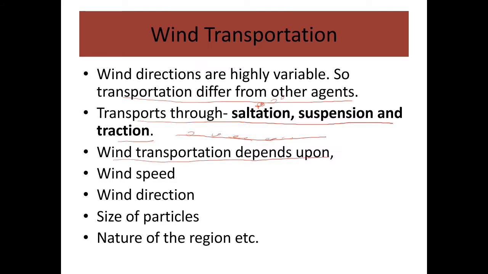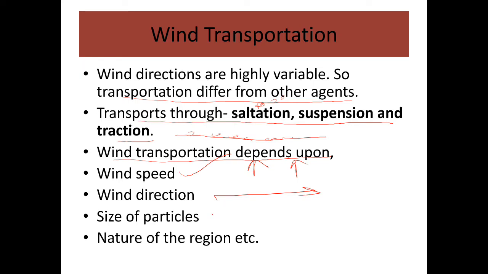Wind transportation depends upon the wind speed. If the wind speed is high, the transportation process is also speeded up. Whereas if the wind direction stays the same, deposition and erosion can easily happen in that direction, but wind direction is very variable, so this also changes the transportation capacity.